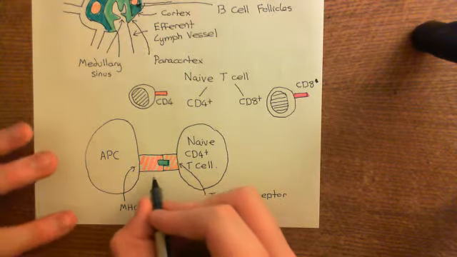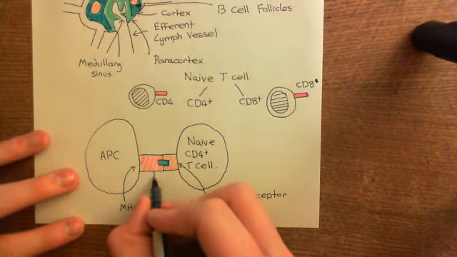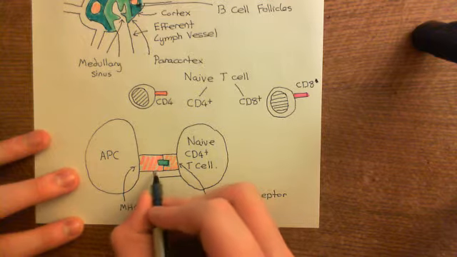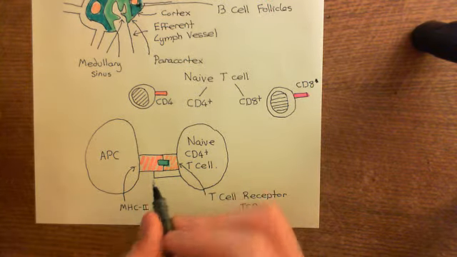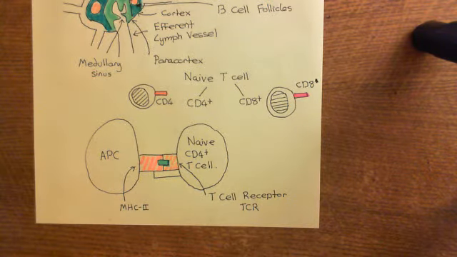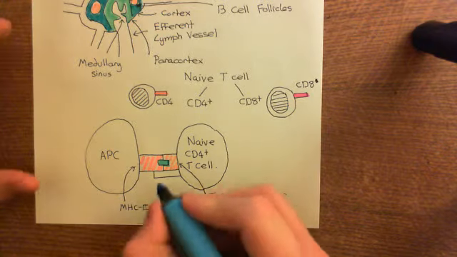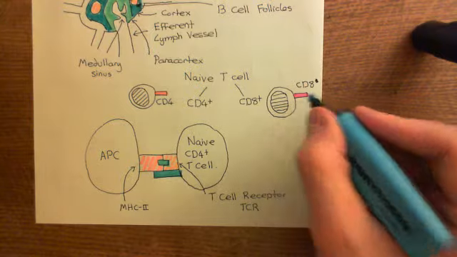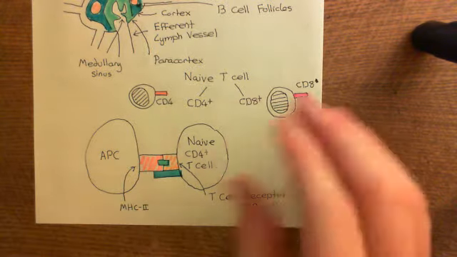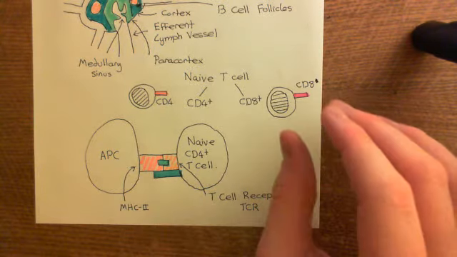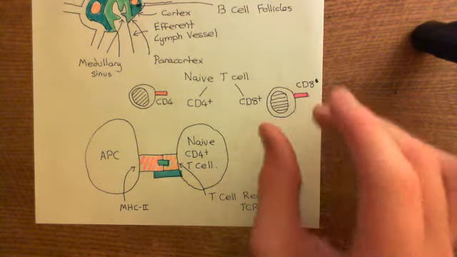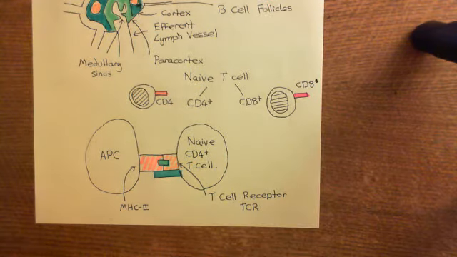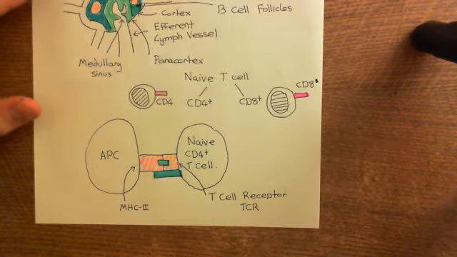But importantly, CD4 also binds to MHC class 2, and it only binds to MHC class 2. It doesn't bind to MHC class 1, whereas CD8 on these T cells over here binds to MHC class 1, and that's why you need to present antigen fragments on MHC class 1 if you want to activate CD8 positive naive T cells.